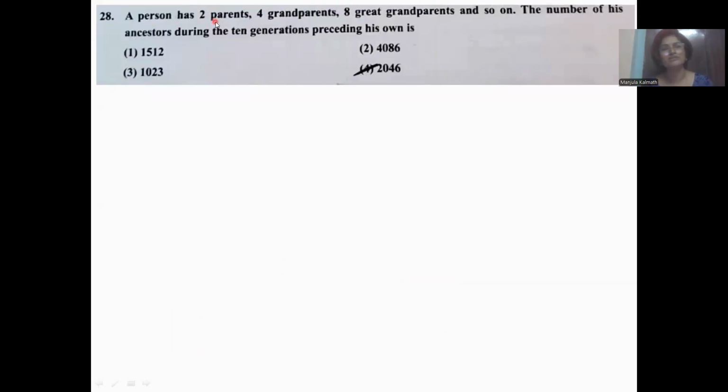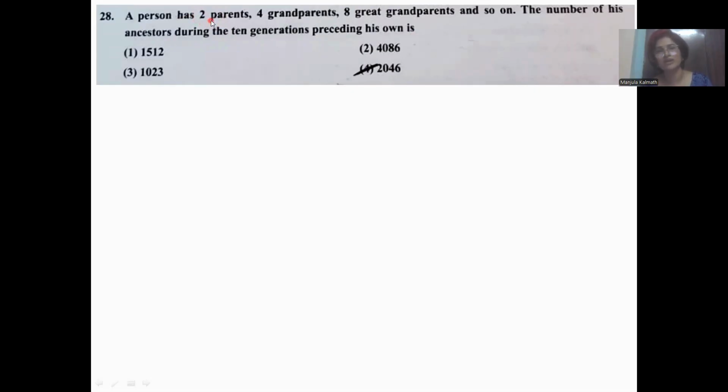Second, a person has 2 parents, 4 grandparents, 8 great grandparents, and so on. The number of his ancestors during the 10 generations preceding his own is asked. So his own generation is excluded here, and the previous 10 generations are considered. Here the person has 2 parents.